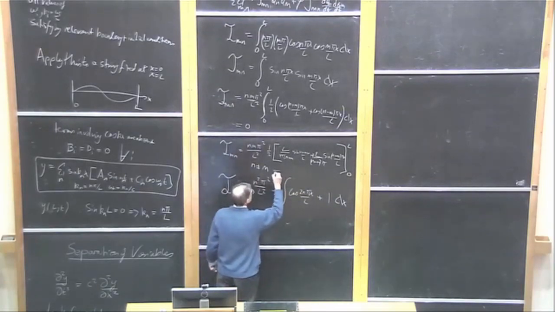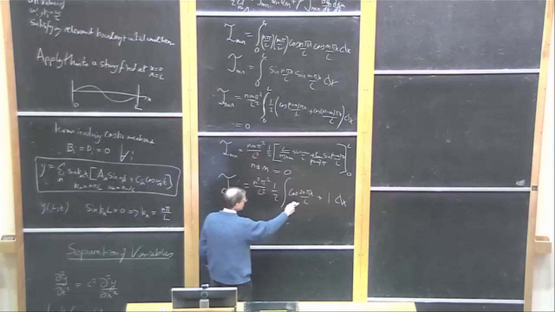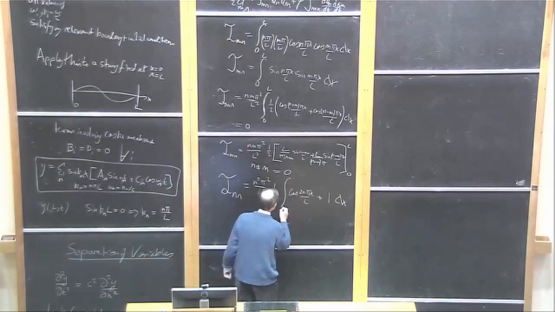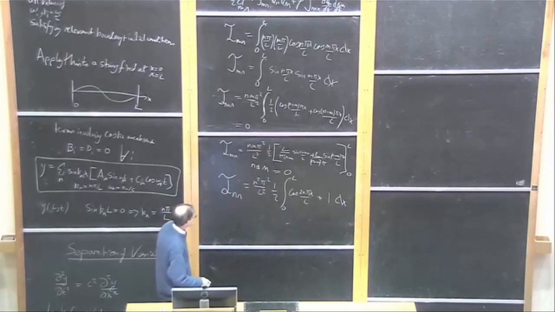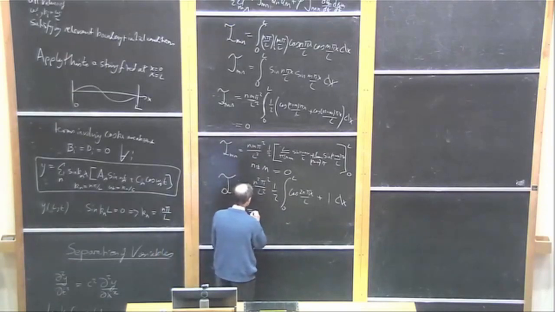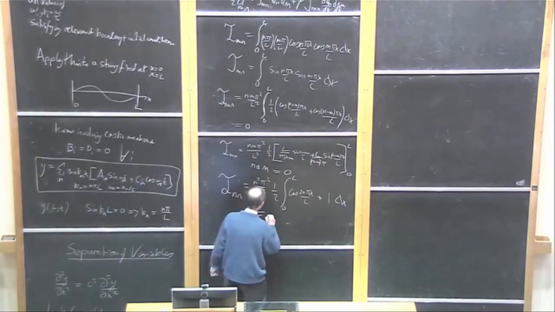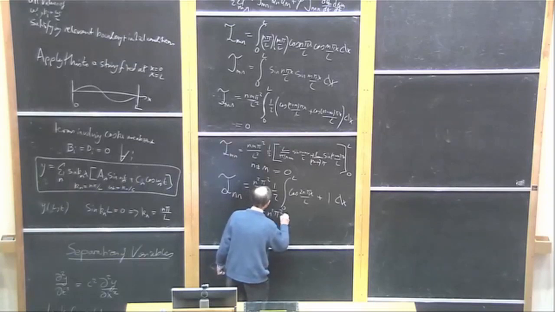So this one is 0. This term integrates to 0 when you integrate. This term, of course, integrates to L. And so this gives L over 2 times n squared pi squared over L squared.